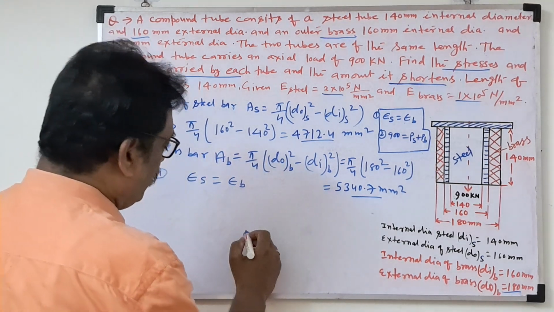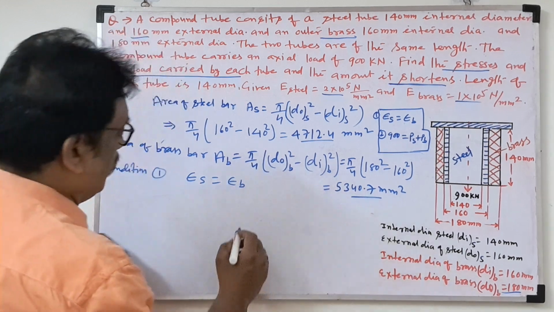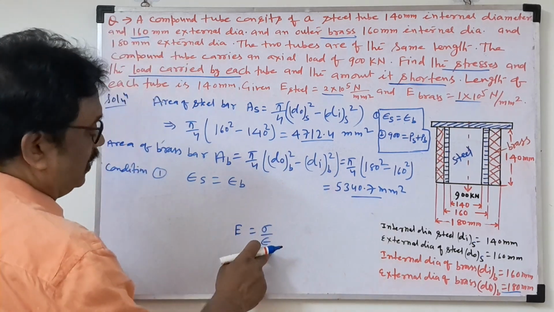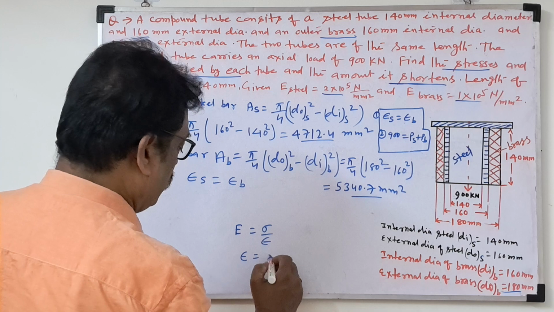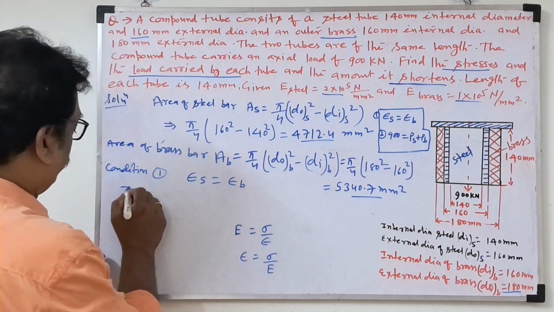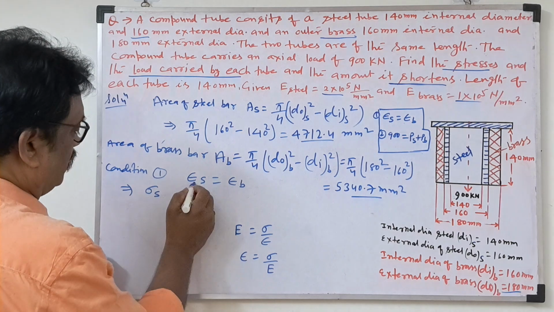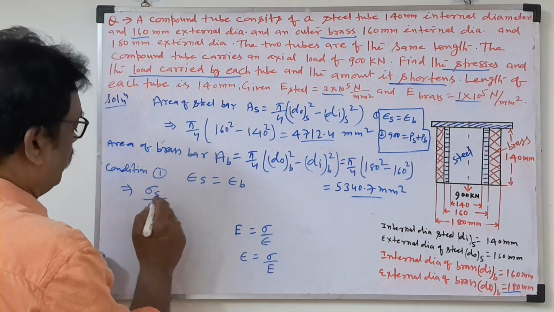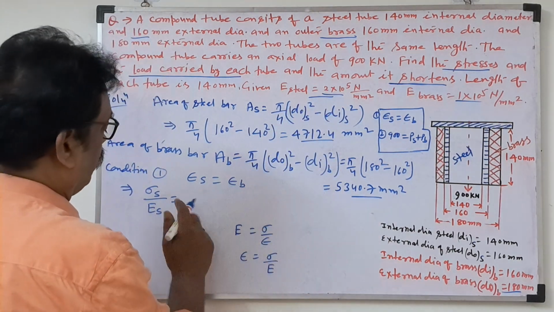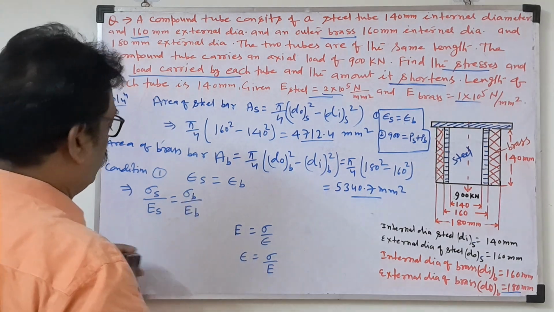Young's modulus equals stress by strain, so strain equals stress by Young's modulus. The strain of the steel bar is the stress of the steel bar divided by E steel, equal to the stress of the brass bar divided by E brass. So we wrote this here.